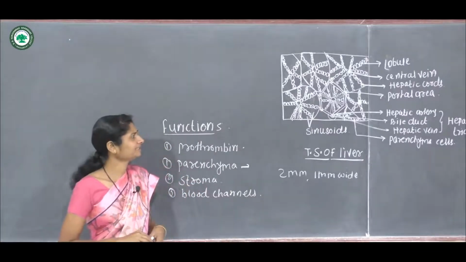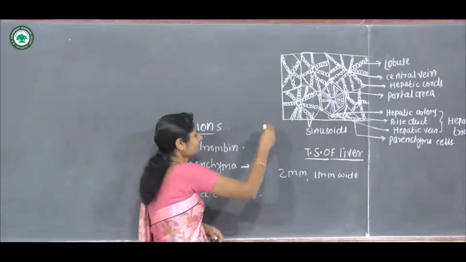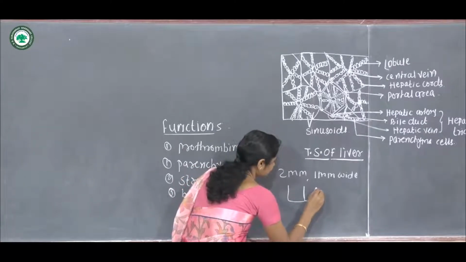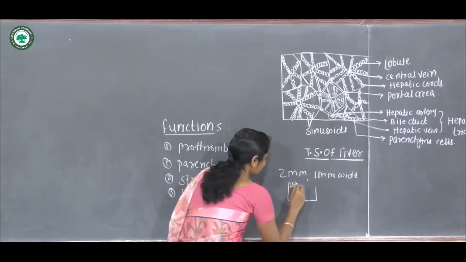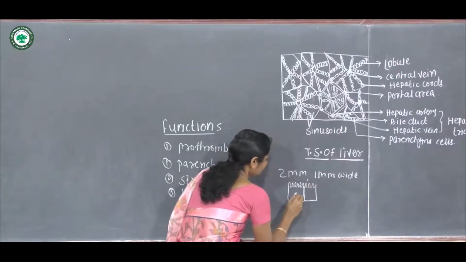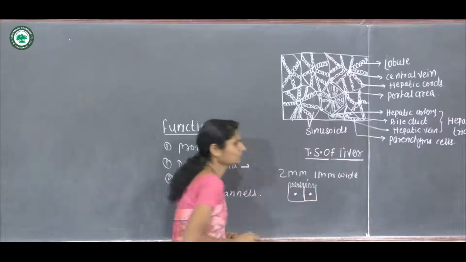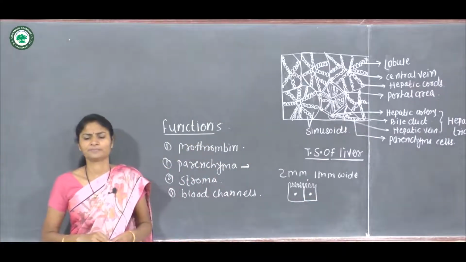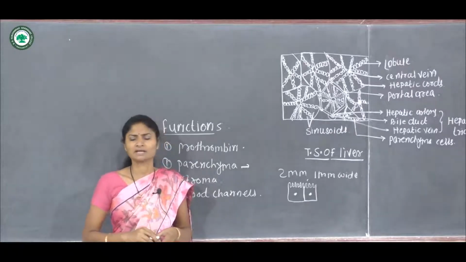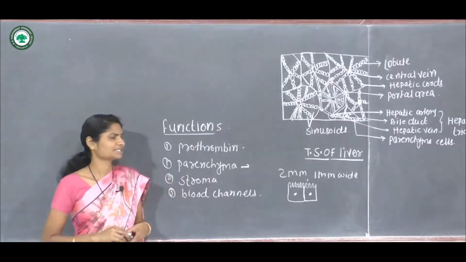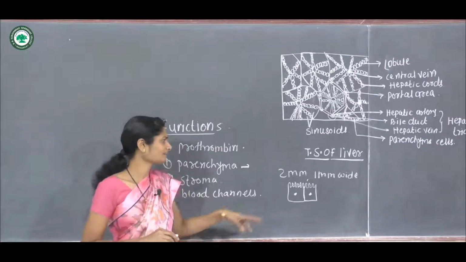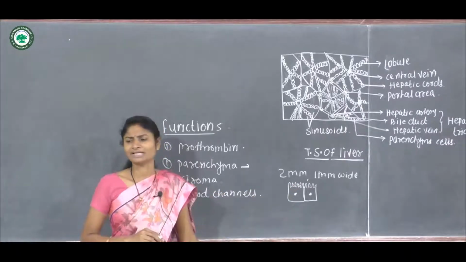Next are the hepatic cells. Here I am drawing two hepatic cells. These hepatic cells have a centrally located nucleus. The parenchyma mainly consists of hepatic cells.